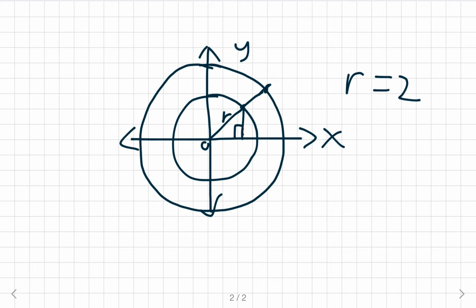The coordinates here, if we use the polar coordinates, are going to be r and then theta. It means we're moving r units in the theta direction, and theta is this angle I labeled in blue. So I move r units in the theta direction, and great, I got this point.